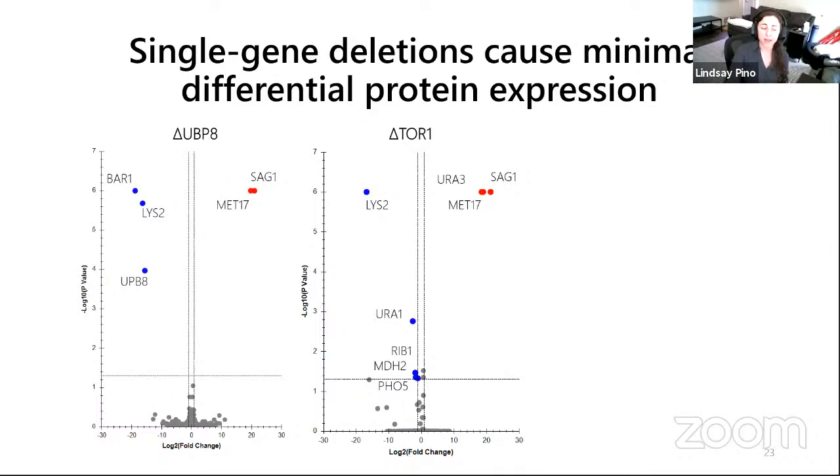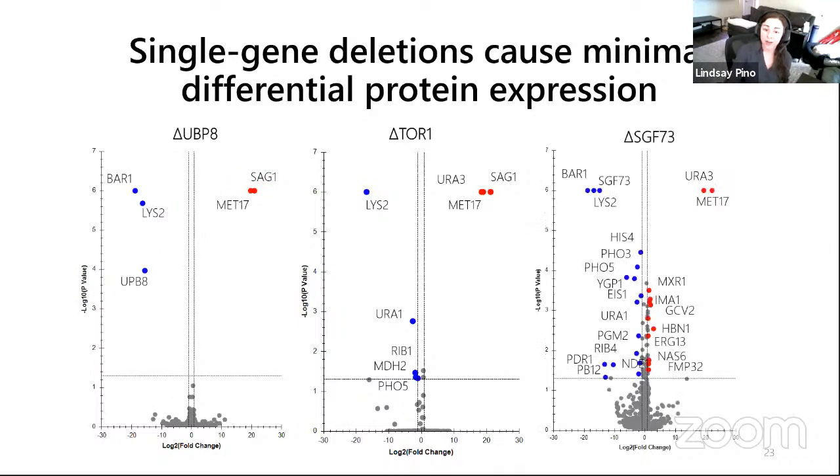I look at a couple of the others, and again, I really am not seeing huge changes in the proteome. The biggest change that I ever saw was this SGF73. So this was really not promising for my hypothesis of this molecular phenotype of lifespan extension in yeast when I looked at each of the single gene deletions.